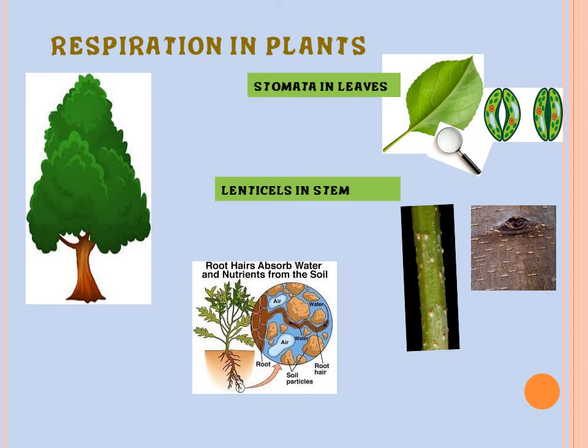So root hairs are responsible for absorbing water and nutrients as well as air along with those ions, and this air reaches the other parts of the plant. So the third method is the general surface of roots.